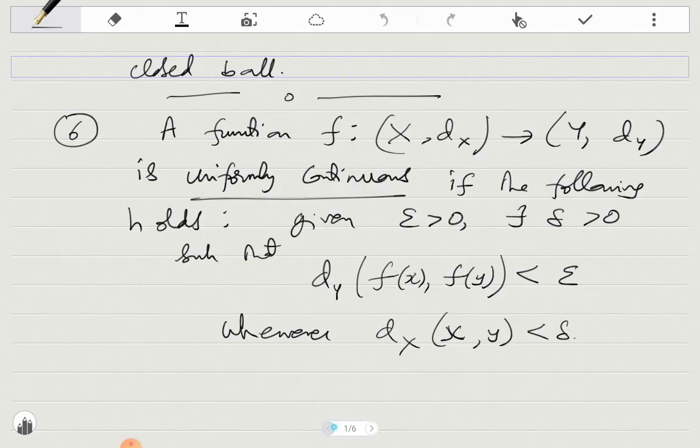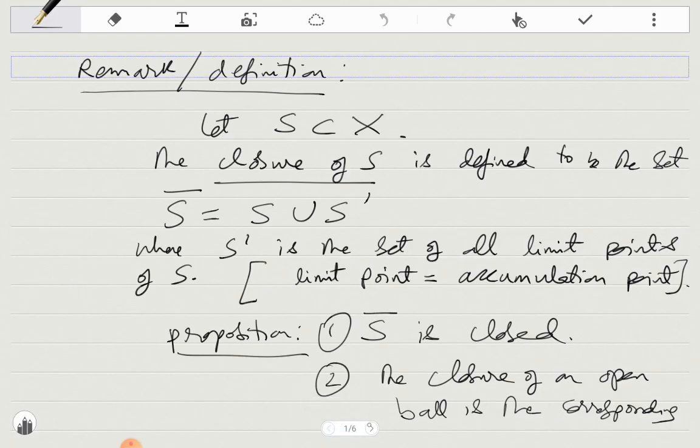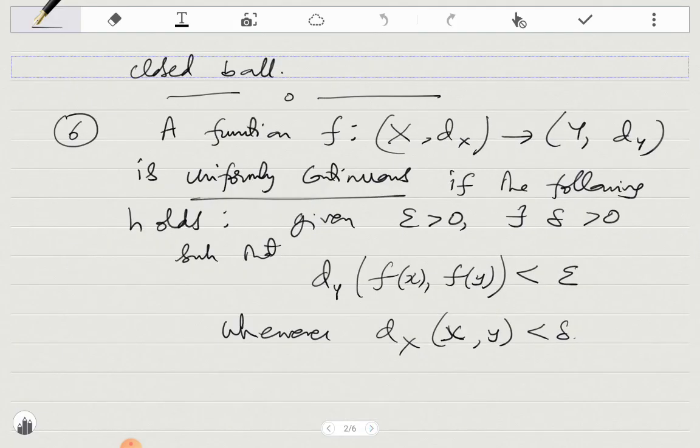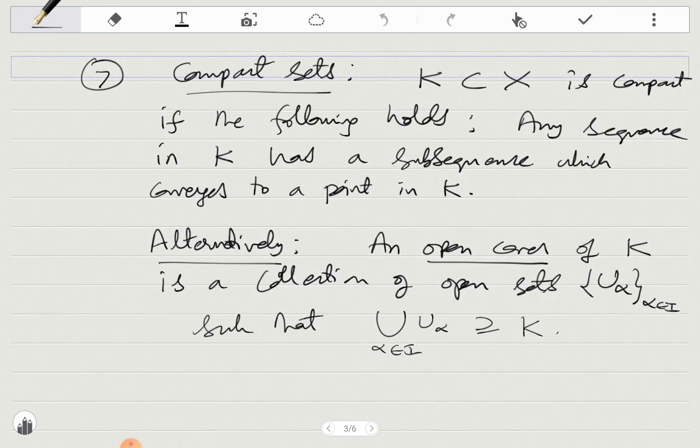And then 6. Well, I'm not being very consistent. So here, for example, I would need to use this notation. Likewise here.